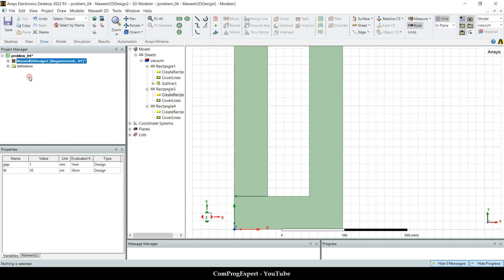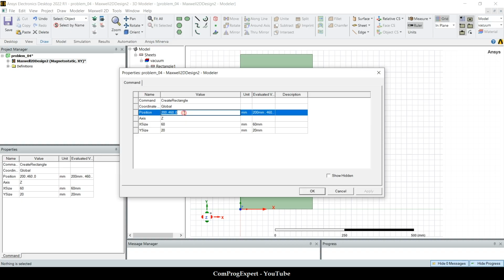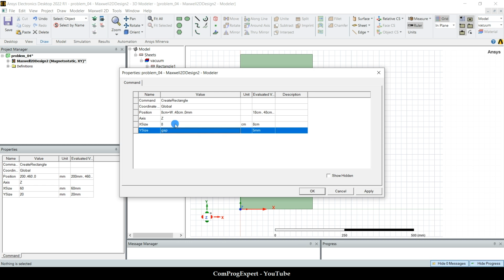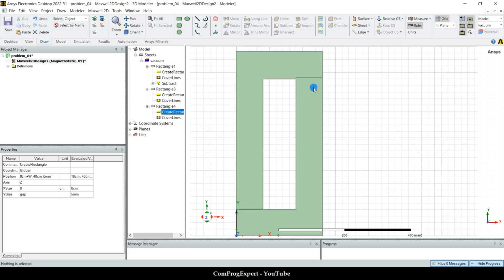Let's increase the value of the gap to 5. And for this one, the position is 8 plus width. This is 48, and 0. Again, x size is 8 and y size is gap. You can imagine that I just created these two air gaps.